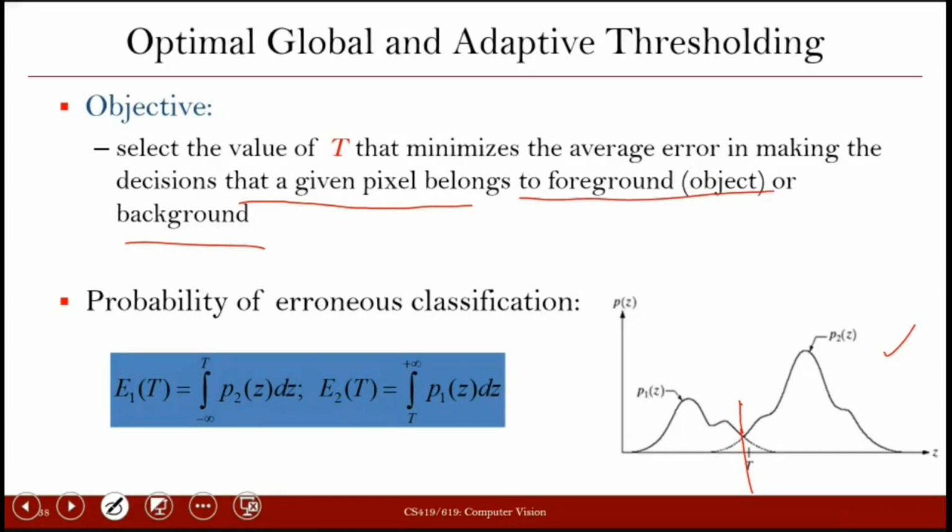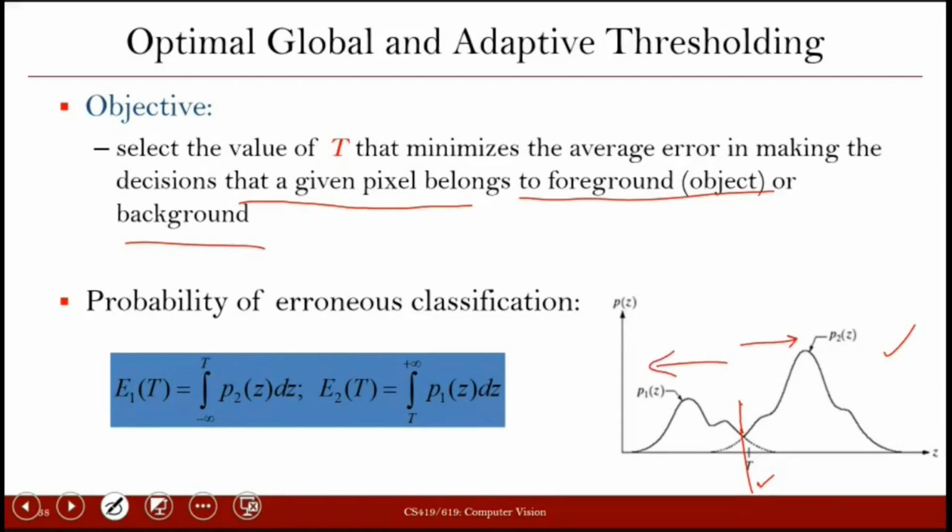When you are choosing P1Z, anything that is below P1Z says that that particular pixel is a background pixel, assuming that P1 is background. But suppose you choose a threshold T here. This threshold T is saying that anything on this side is background, anything on this side is foreground.